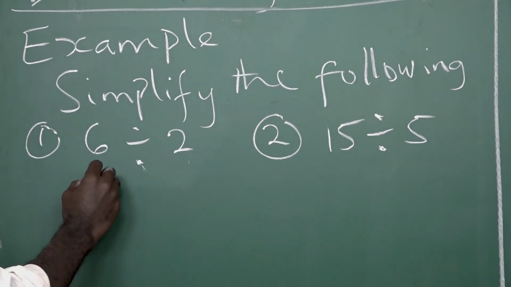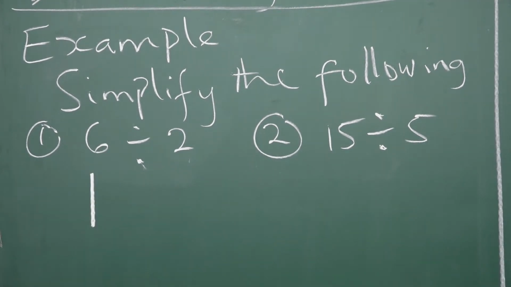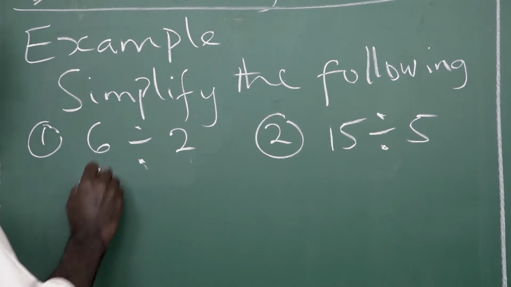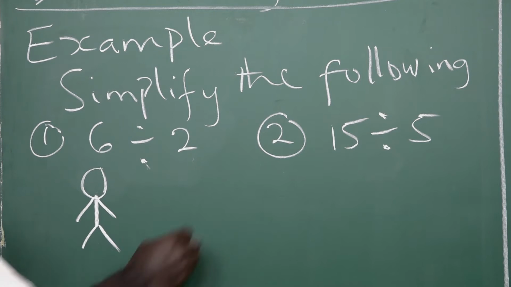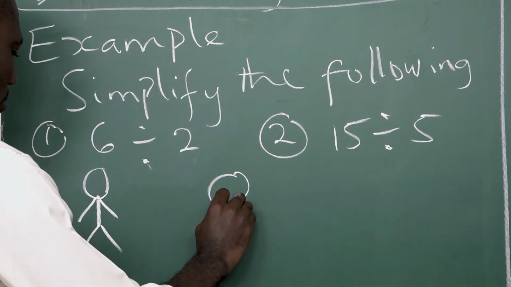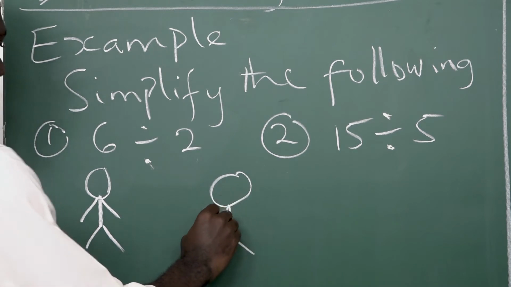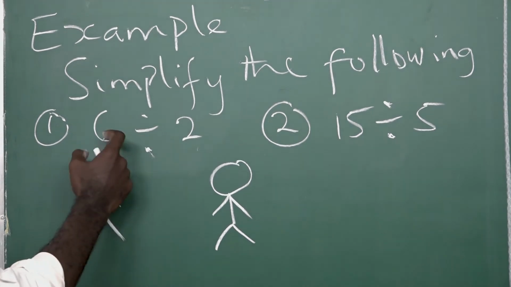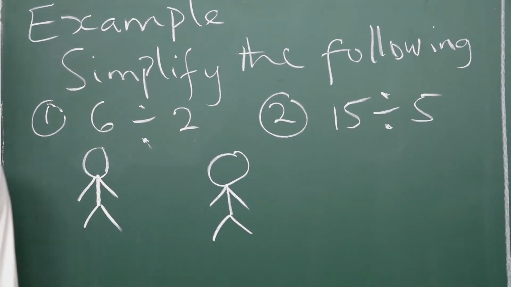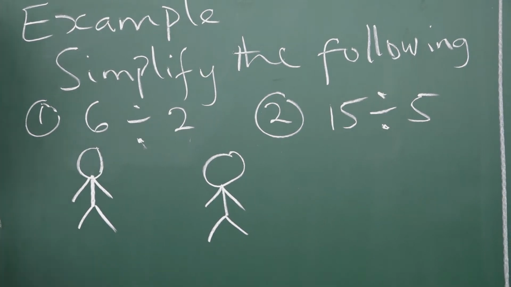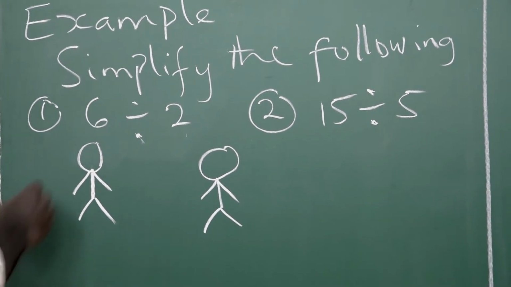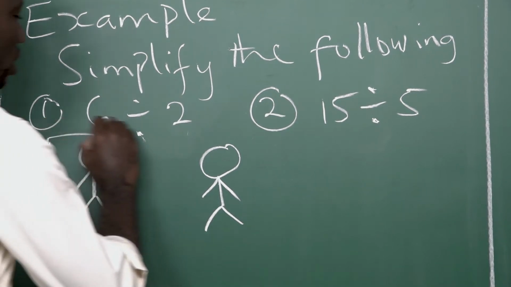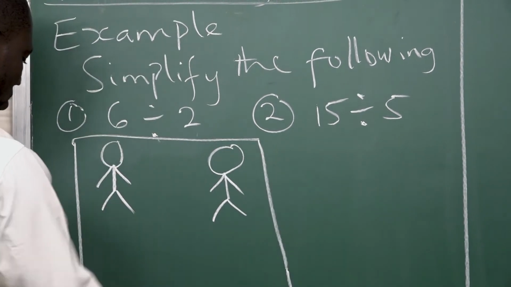Okay, supposing we have 2 boys, and we are trying to share 6 oranges amongst these 2 boys. How many will each of the boys get? So that is what we want to find out.